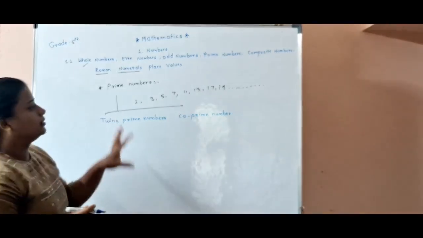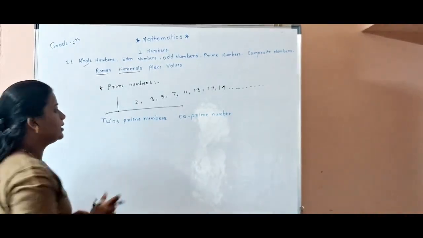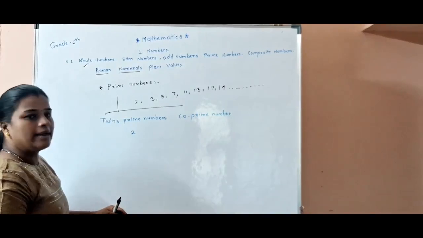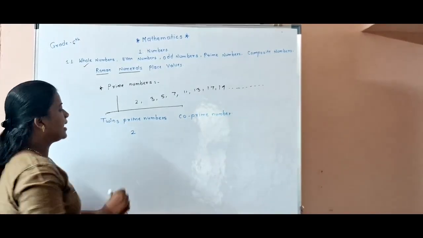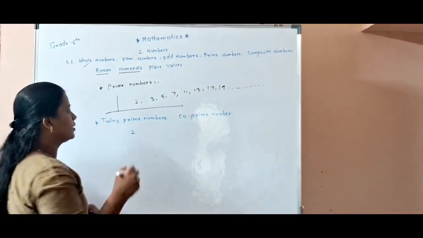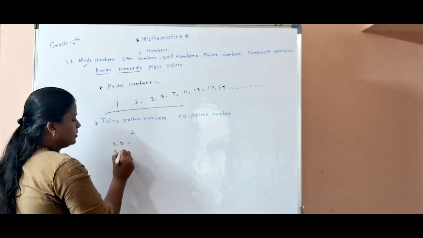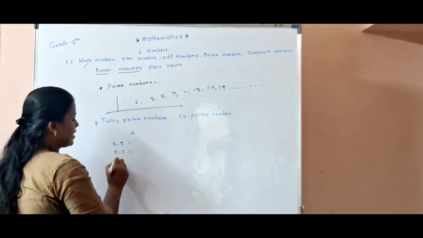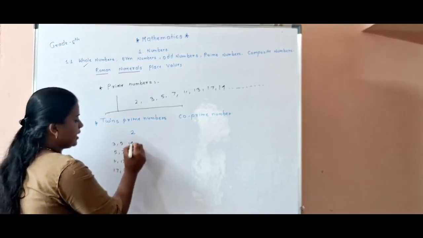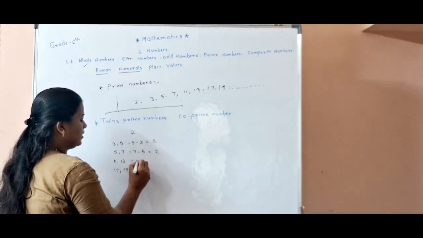If the difference between 2 prime numbers is 2, then those 2 prime numbers are called twin prime numbers. Examples: 3 and 5, 5 and 7, 11 and 13, 17 and 19. See, 5 minus 3, 7 minus 5, 13 minus 11.